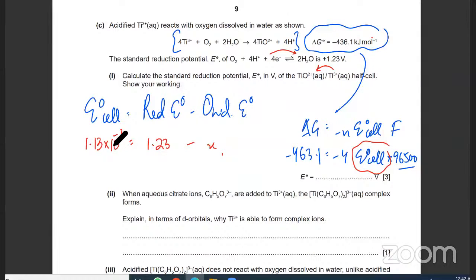Yes. 1.13. I'll just double check with the marking scheme. Show me that part. No, which part?